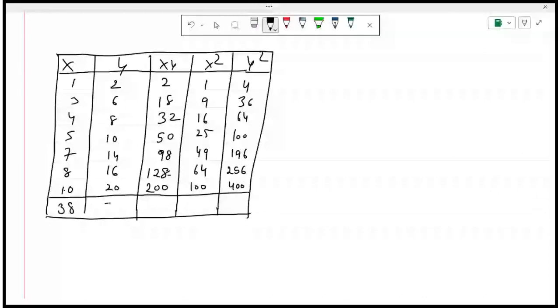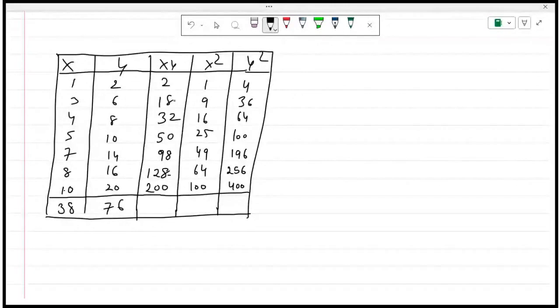Now I will do the sum of xy. So let me use the calculator for this. 20 plus 32 plus 50 plus 98 plus 128 plus 200.